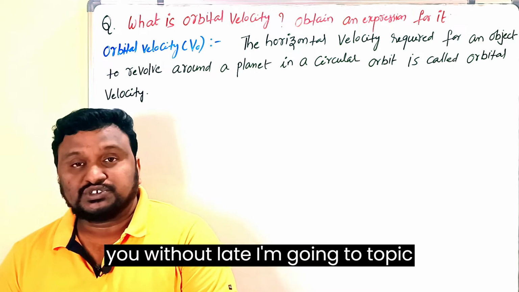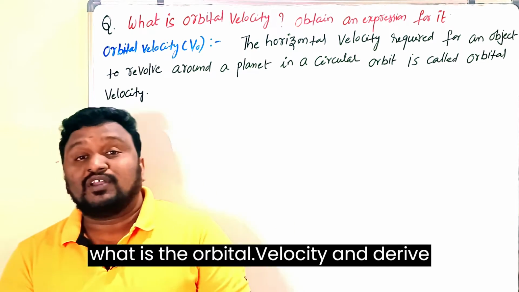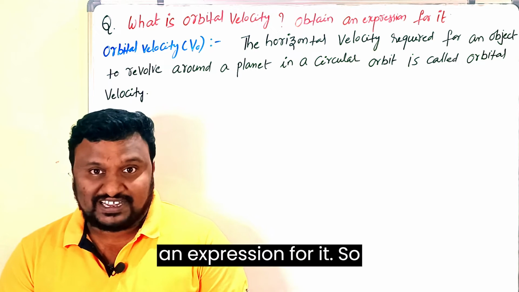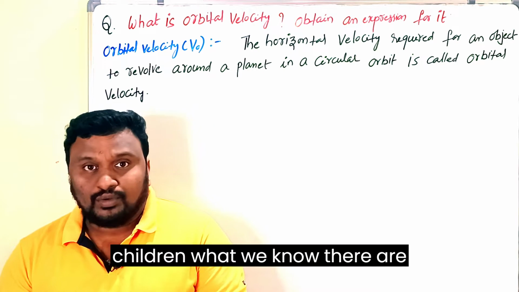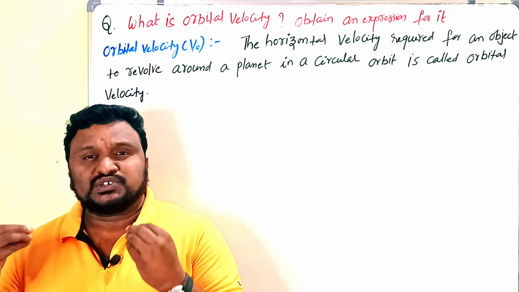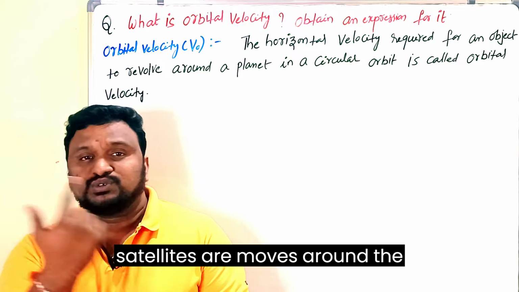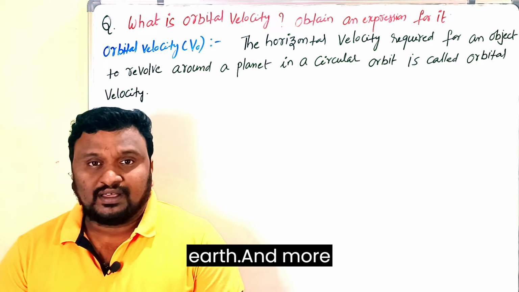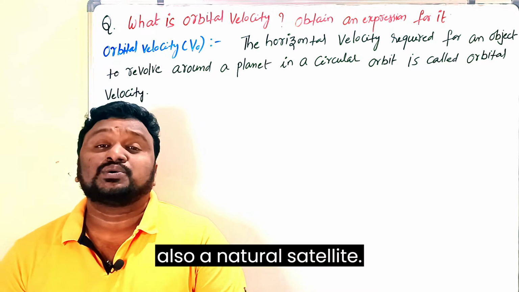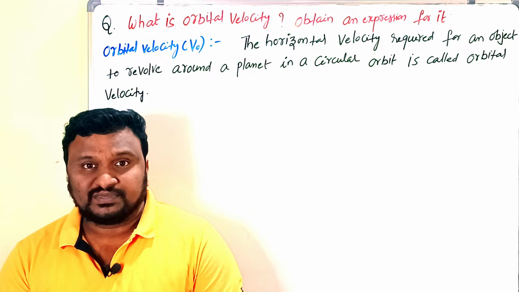Without delay, I am going to the topic: what is the orbital velocity, and derive an expression for it. Children, we know there are so many satellites that move around the earth, and the moon is also a natural satellite.